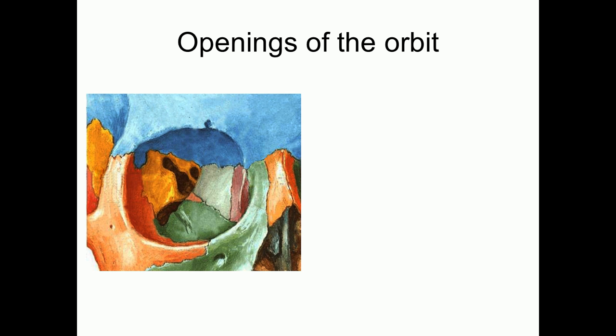Next question. Openings of the orbit. We know that the orbit is a pyramid with four walls, and there are several openings of it which connect the pyramid, orbit, with other cavities of the skull.